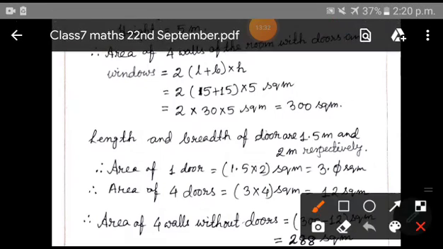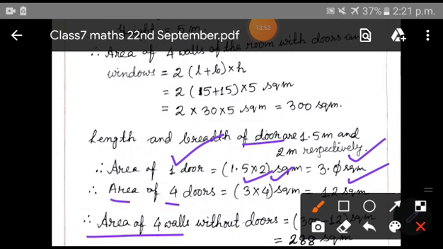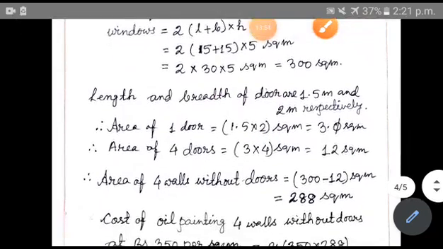So here we are calculating the area of one door. The area of one door is 3 square meter, so the area of the 4 doors will be 3 into 4, that is 12 square meter. Now the area of the 4 walls without the doors.